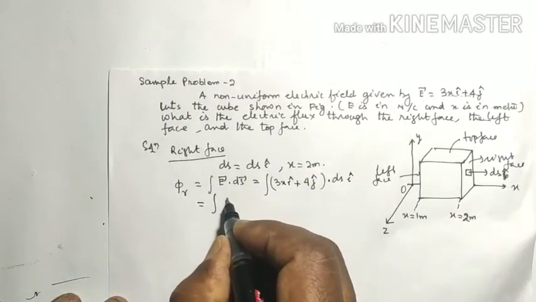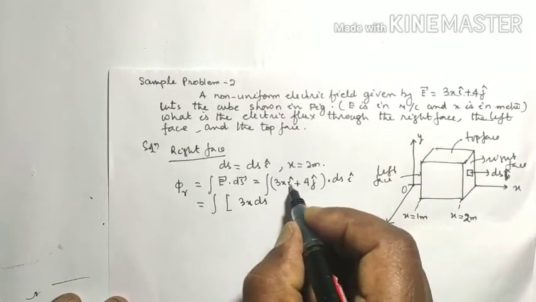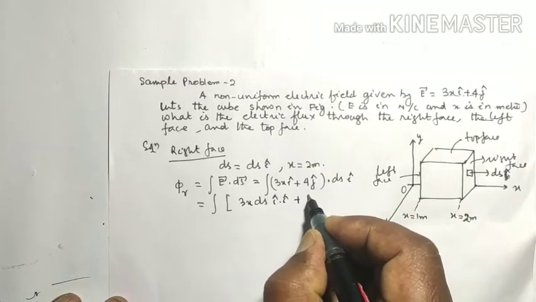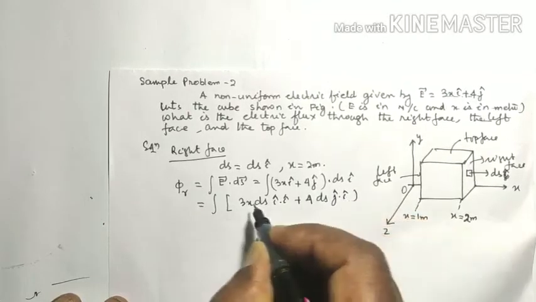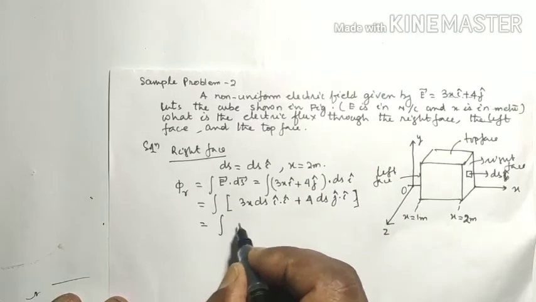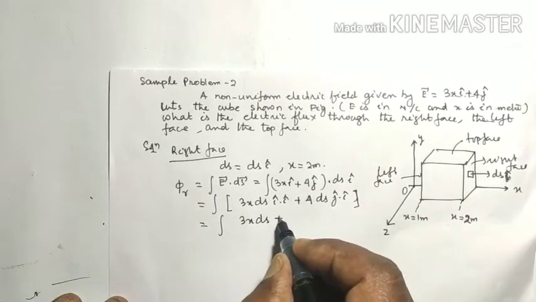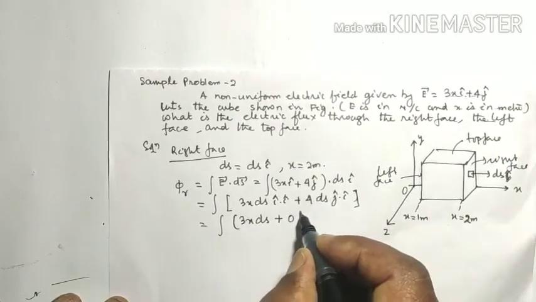This is equal to integral of 3x ds i cap dot i cap plus 4 ds j cap dot i cap. This is equal to integral of 3x ds, i cap dot i cap is 1, plus 0, because j cap dot i cap is 0.